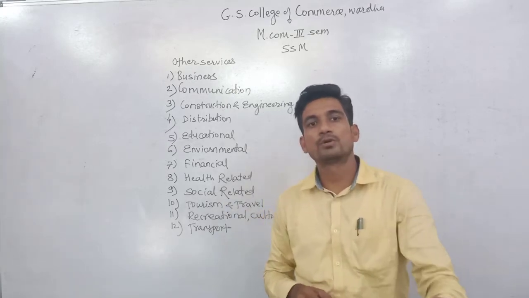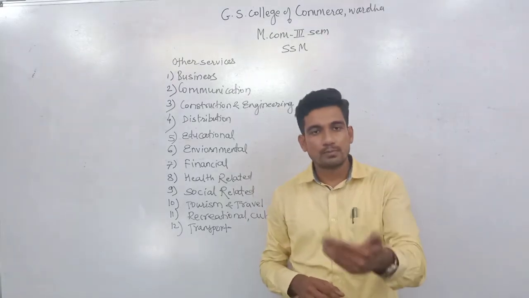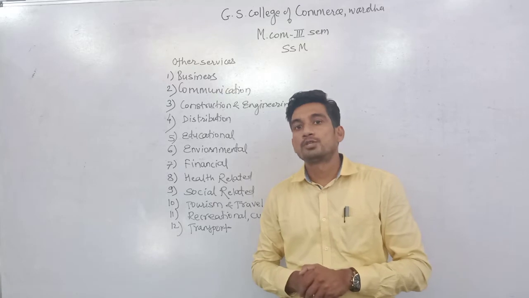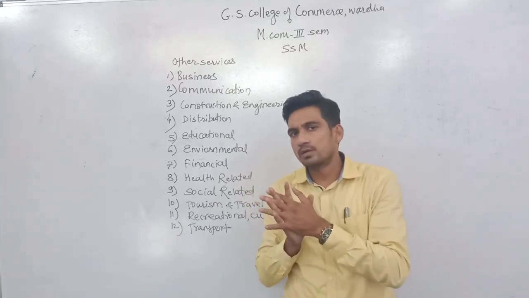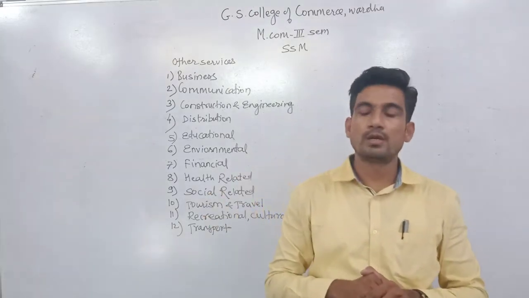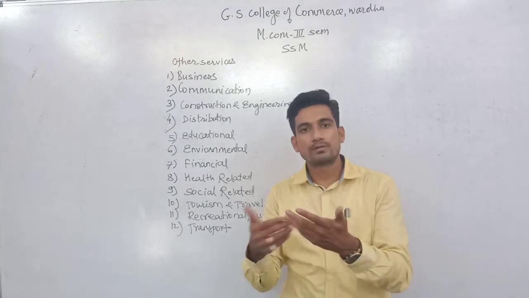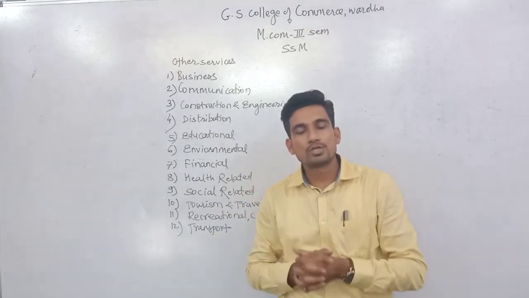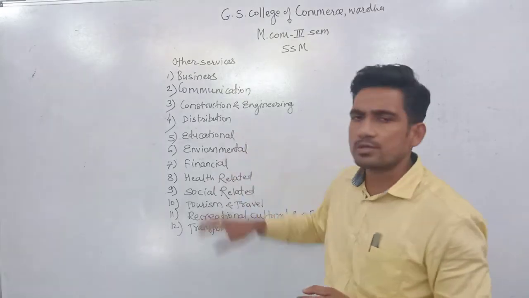Villagers go to that particular store and purchase rations which are subsidized by the government. So that person is giving a service, and he is also delivering a product, giving the ration to that villager. That is called a distribution service.